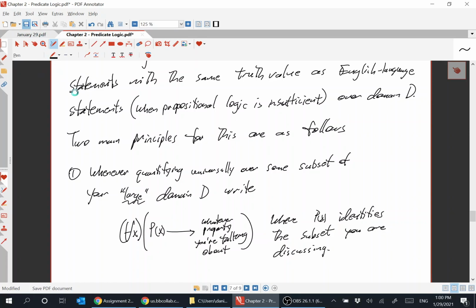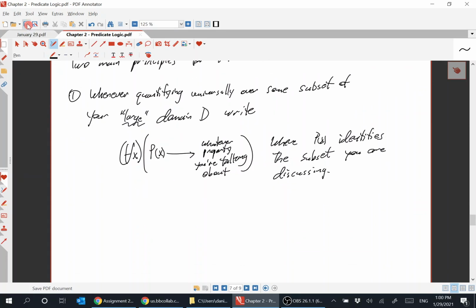So for example, h of x is a horse, and b of x is brown.